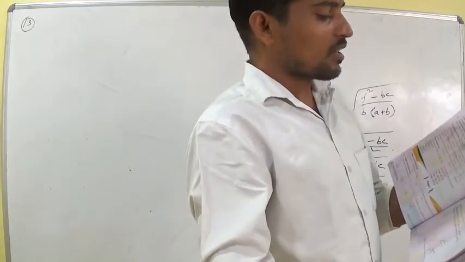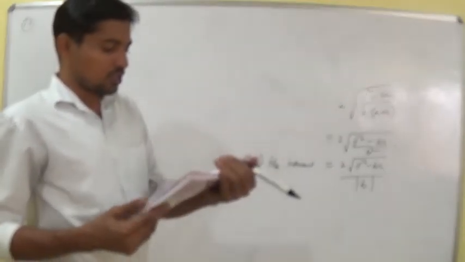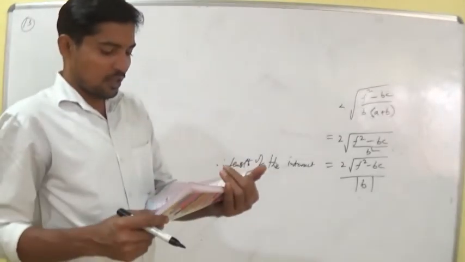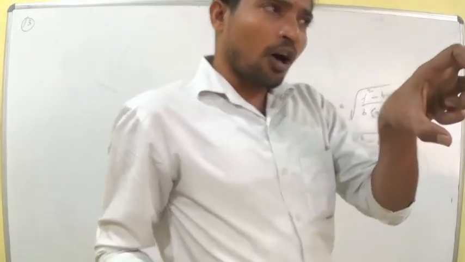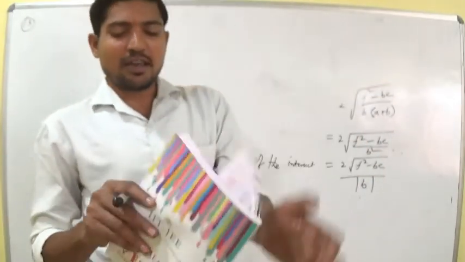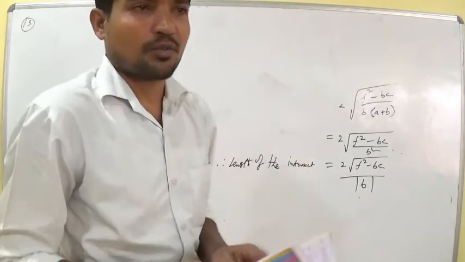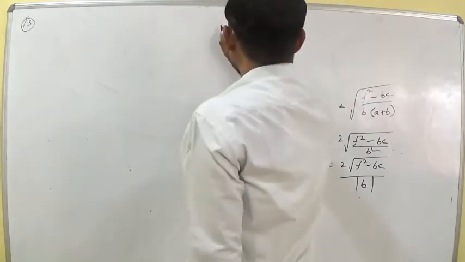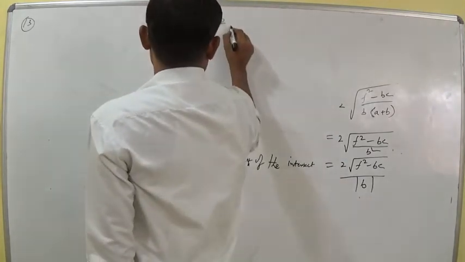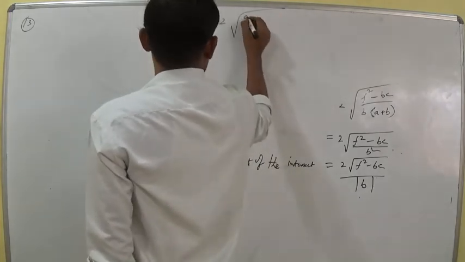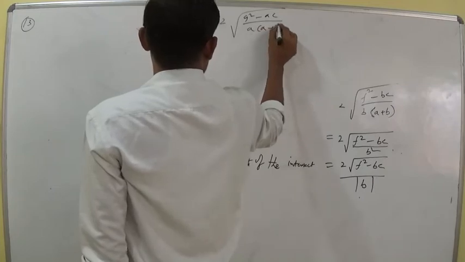The length of the intercept on the x-axis cut by a pair of lines is root 7. The length of the intercept cut by the x-axis. See, if the point is on the x-axis, at that time the y coordinate becomes 0. Length of the distance between the parallel lines, 2 square root of (g square minus ac) by a into (a plus b).